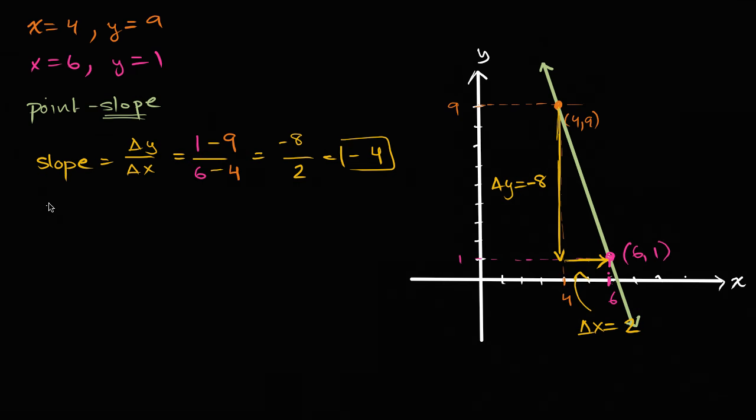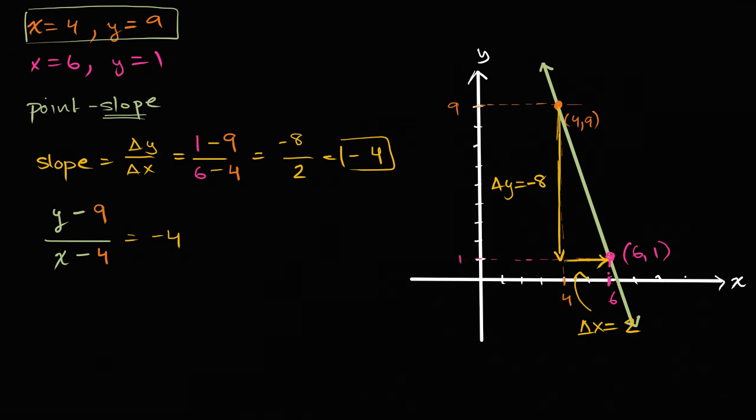So if we take an arbitrary y that sits on this line, and let's focus on this point up here, if we find the difference between that y and this y, 9, over the difference between some x on the line and this x, 4, this is going to be the slope between any xy on this line and this point right over here. And the slope between any 2 points on a line is going to have to be constant. So this is going to be equal to the slope of the line. It's going to be equal to negative 4.